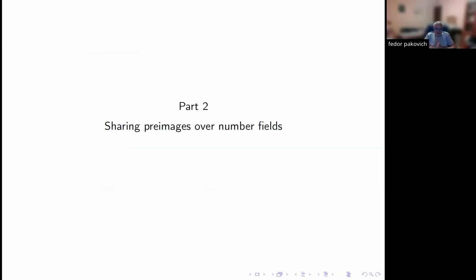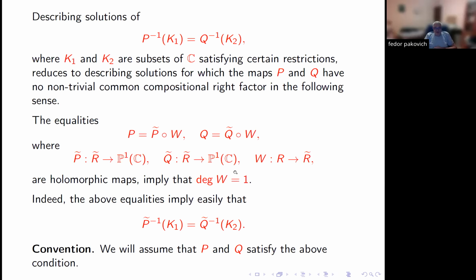Now let me pass to the following part. What if we consider preimages over number fields? First of all, I would like to make some preparations and introduce a very simple definition. Describing solutions of this equation where K1 and K2 are subsets satisfying certain restrictions, that doesn't matter, we fix some restriction.